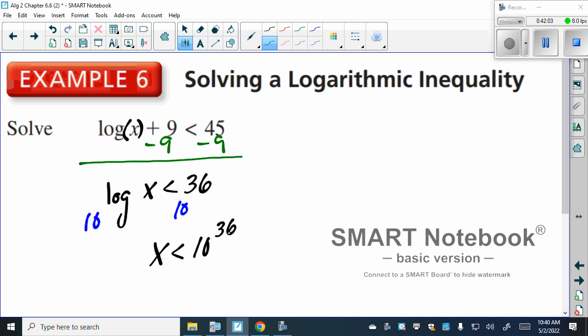We're going to leave it as that because that number is massive. That is undecillion. But is 0 less than that big number? And since x is by itself, we're just going to add 0 is less than x is less than 10 to the 36th. And that's it. Any other questions on any of this here?